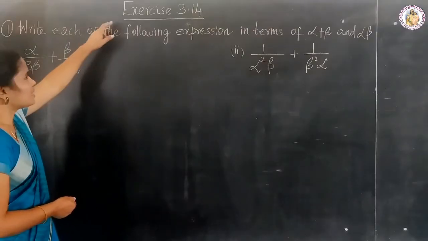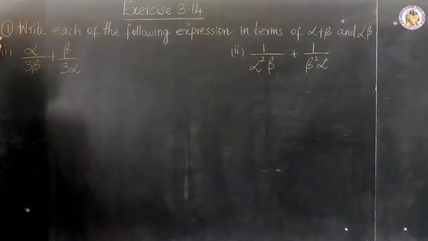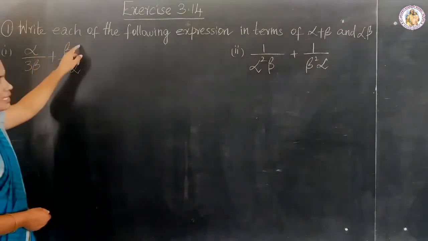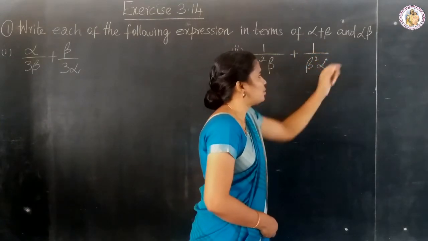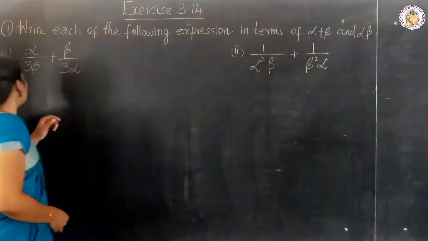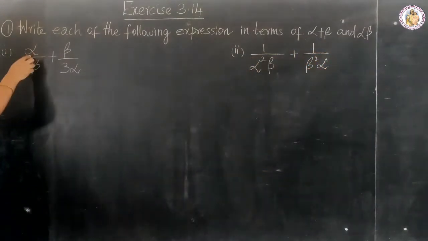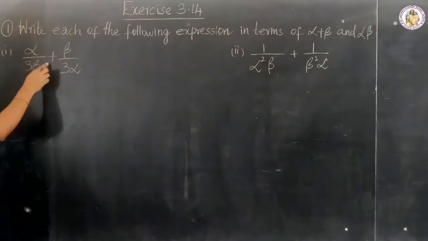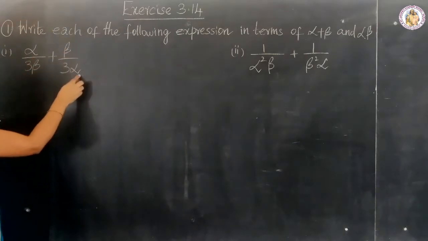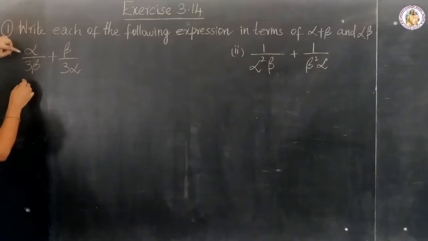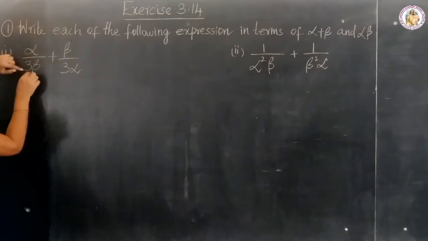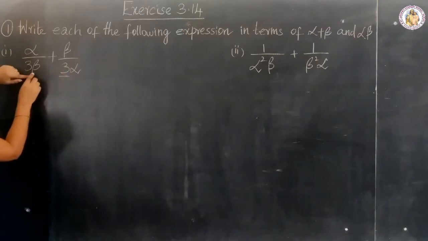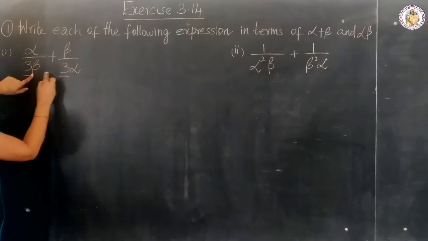Exercise 3.14, question number 1: write each of the following expressions in terms of alpha plus beta and alpha into beta. So question 1, here we have alpha divided by 3 beta plus beta divided by 3 alpha. Now you can see the denominators, here we have 3 as common, but here beta and alpha.